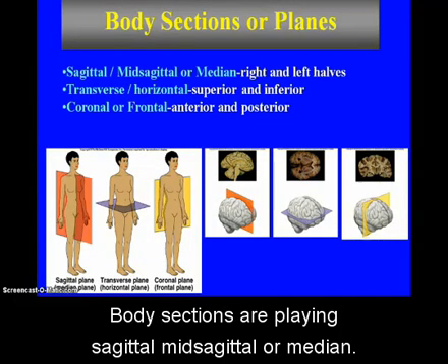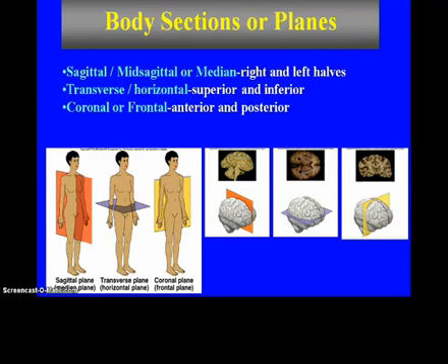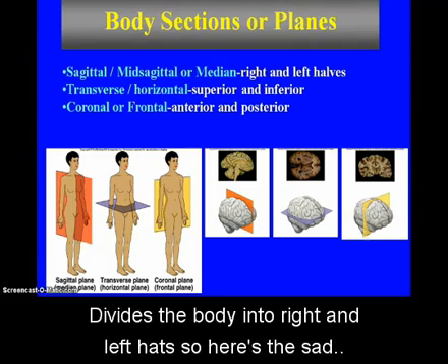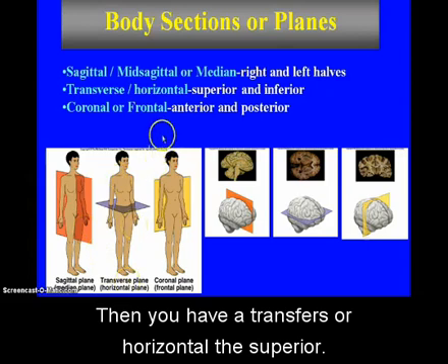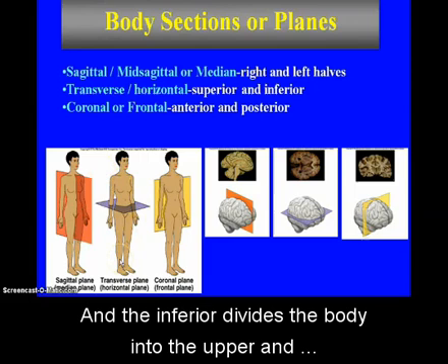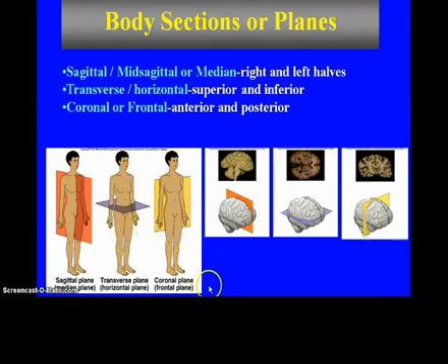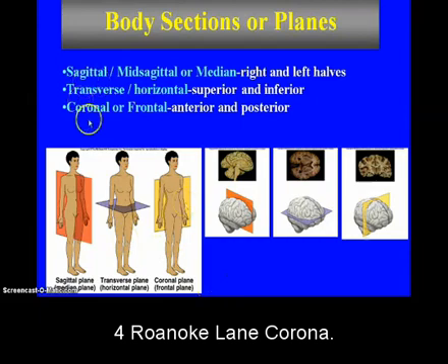Body sections are planes: sagittal, mid-sagittal, or median, divides the body into right and left halves. So here's a sagittal. Then you have a transverse or horizontal. The superior and the inferior divides the body into the upper and lower, basically. Coronal plane.